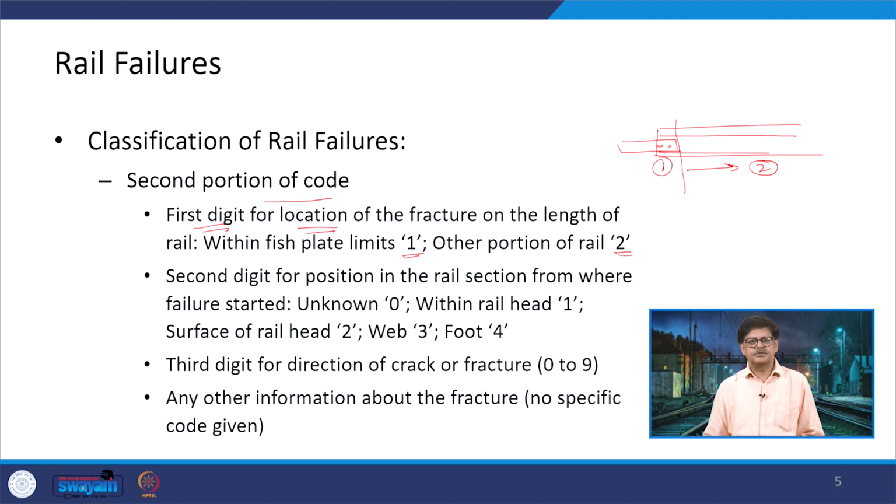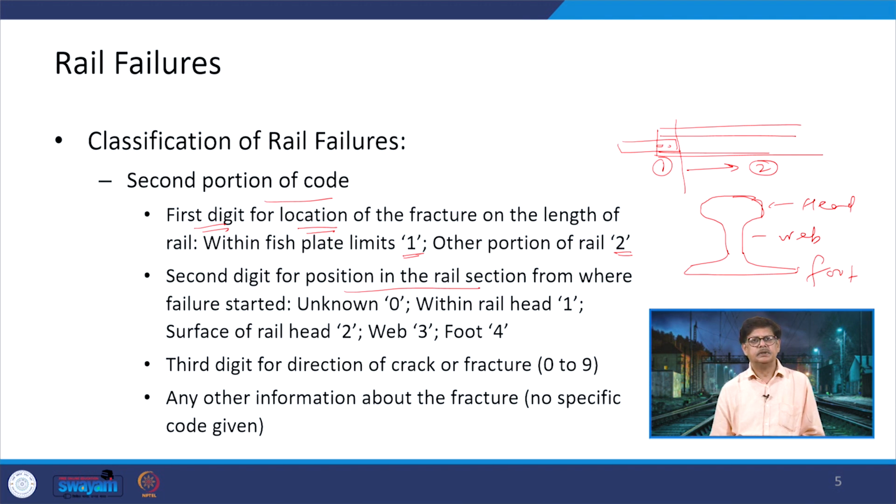Then the second digit is for the position in the rail section. So, the failure which is occurring, whether it is occurring in the rail head or the foot of the rail. So, if it is head, web or foot, accordingly a code is going to be used.